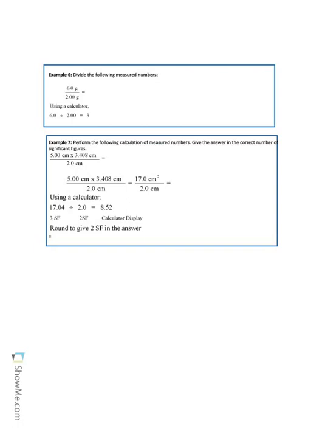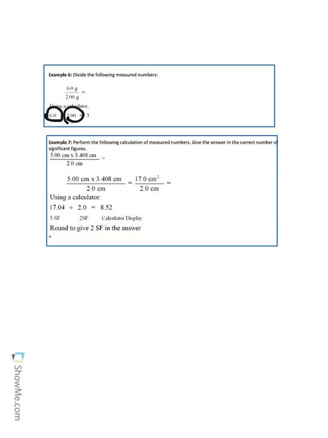What do you do when your calculator gives you an answer that has too few significant numbers? For example, divide the following measured numbers. 6.0 grams divided by 2.00 grams. Using a calculator, that would give you the number 3. However, the first number, 6.0, has 2 significant figures. The second number, 2.00, has 3.